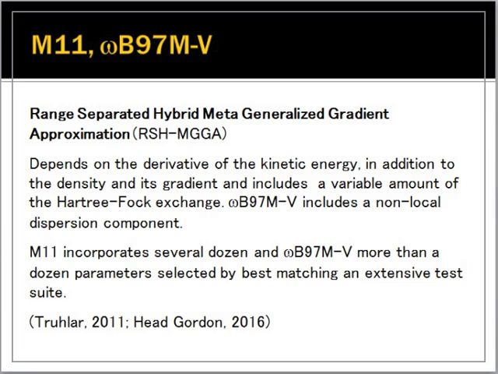This is Head-Gordon. In this one, which is Truhlar, 11 is the year, I'm going to not put in the dispersion correction. These are very similar. They differ in cost because of that V term. Okay? This one is probably considered the best of the modern functionals. It's also the most costly.